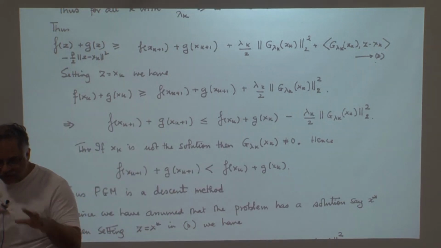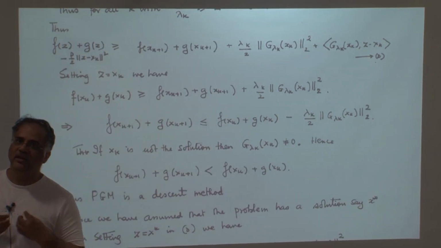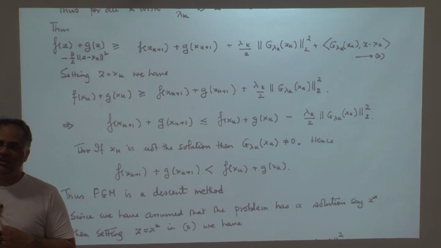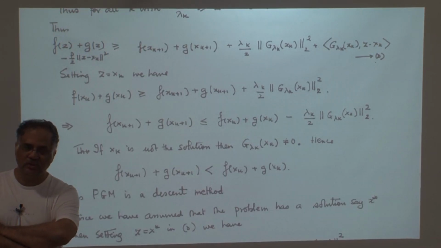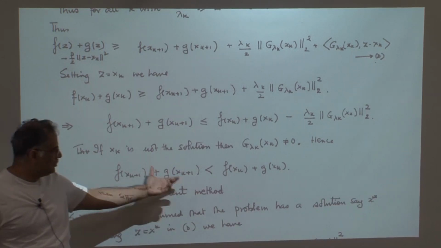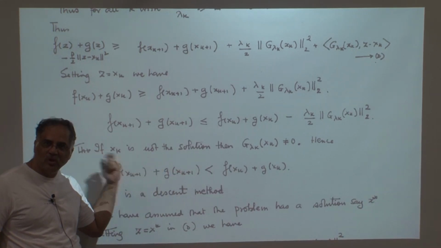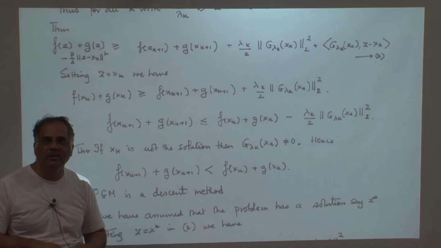So, all these calculations finally show that your objective function, this proximal gradient method is also a descent method.